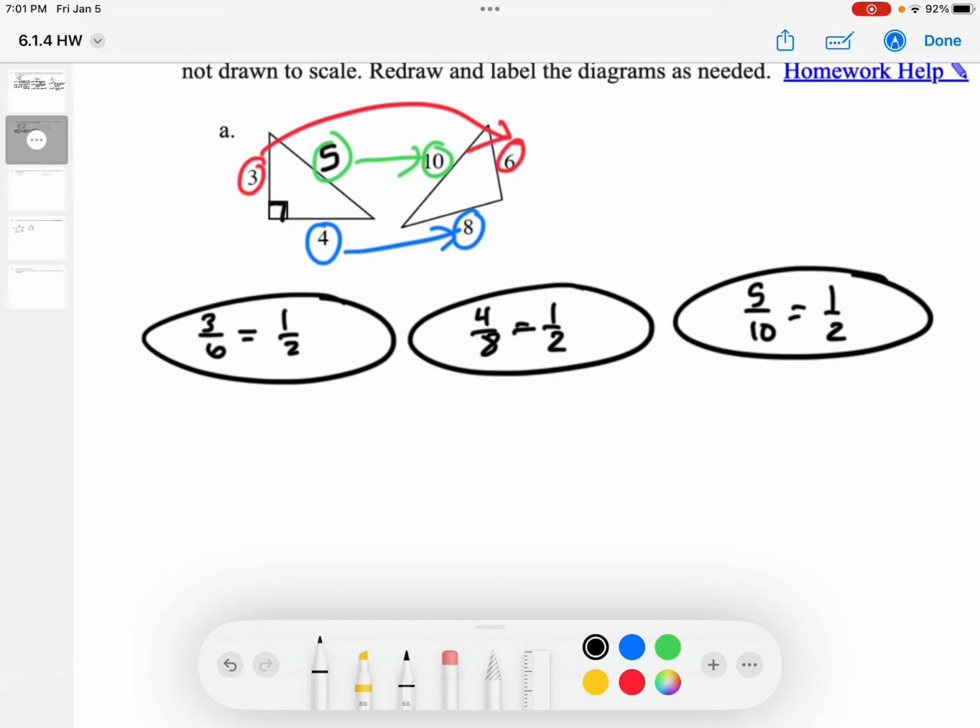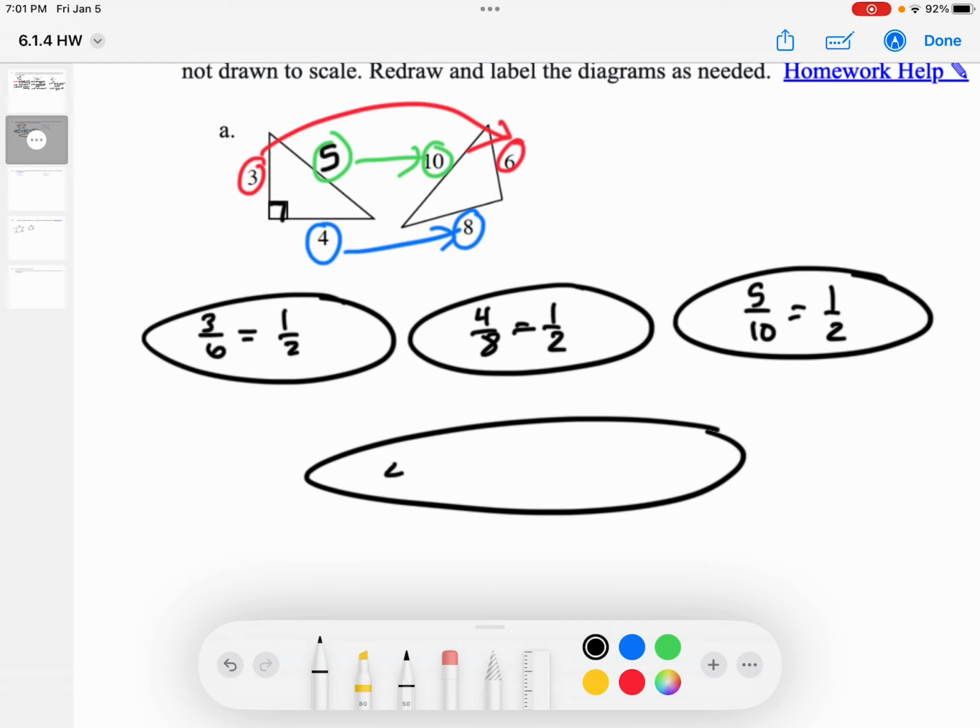Therefore, I can conclude that, well, they don't give us the angle. So let's say triangle 1 is similar to triangle 2. Right? And I'm going to draw my arrows in, and the similarity condition that I'm using is side-side-side similarity.